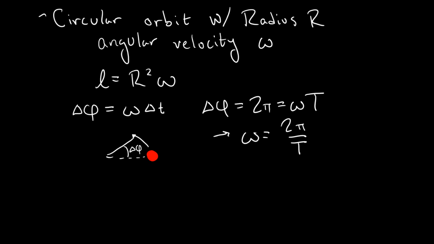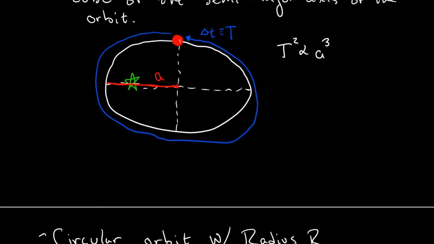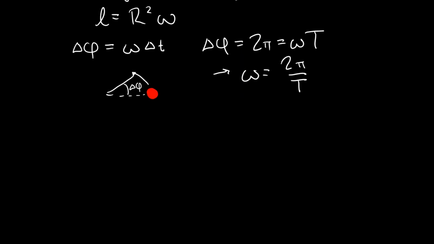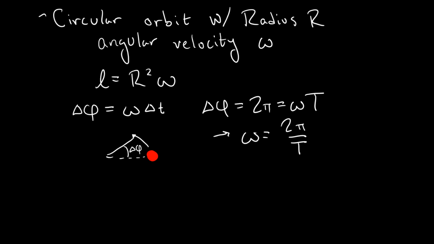Now we have a circle, which means that there's no difference between the semi-major axis and the semi-minor axis. They're both just equal to the radius of the circle. Which means that A, our semi-major axis, is just equal to the radius of the circle.